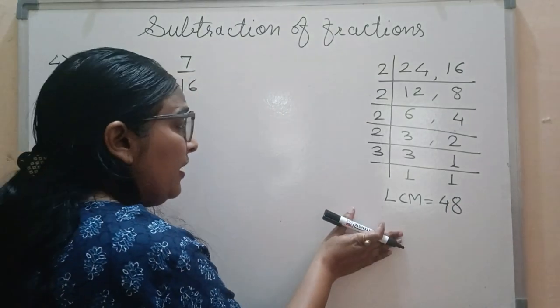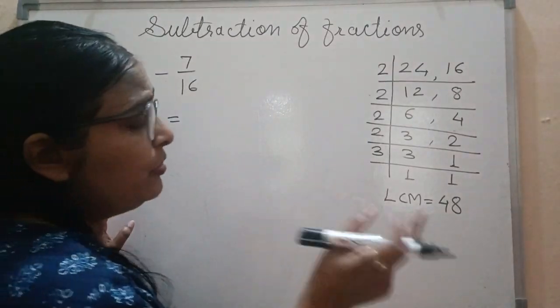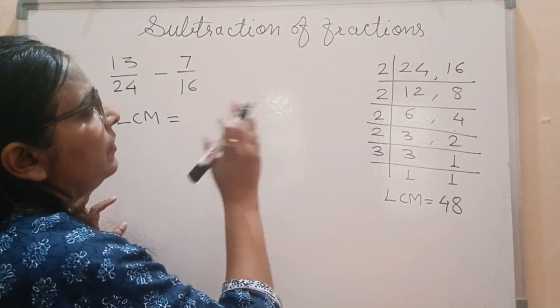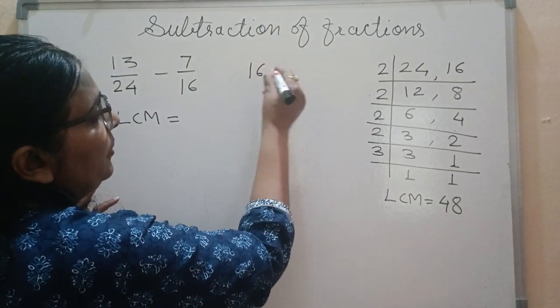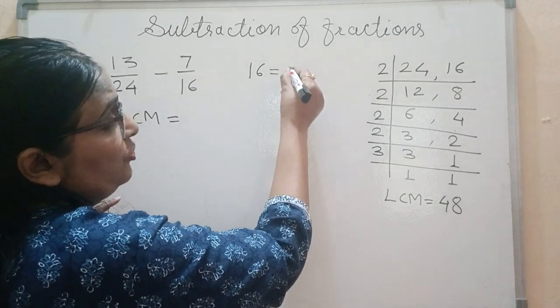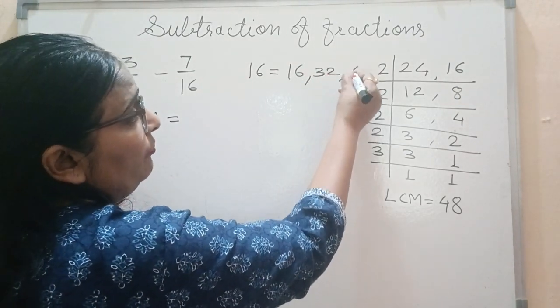Again, the second method I am also going to tell. The second method I told in the previous question, that is the multiple method. If you know the 16 table, what will it be? 16 ones are 16, then 32, then 48.